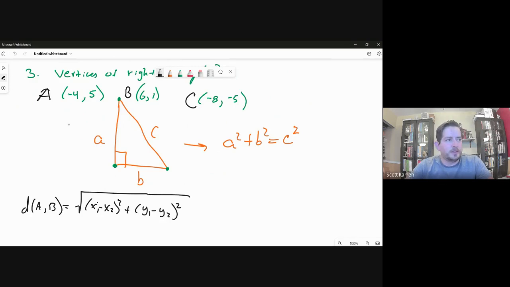So we'll just call one of these x1 and y1, and the other one x2 and y2. And so it's just the difference between the x values. So it's -4 minus 6. And then the y values, the difference between those is 5 minus 1.